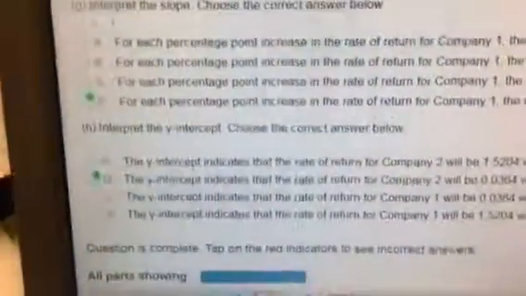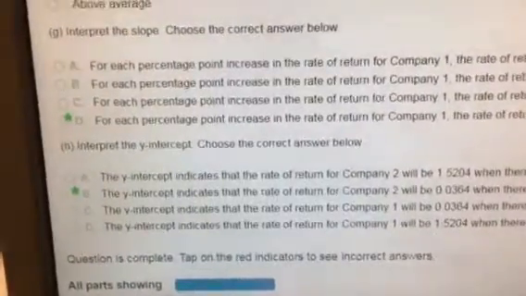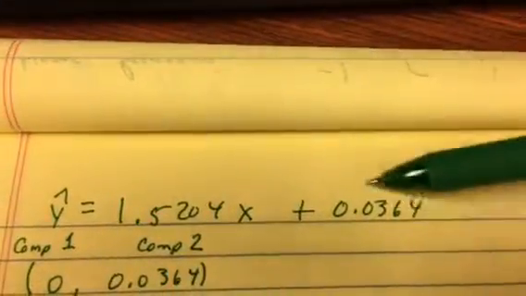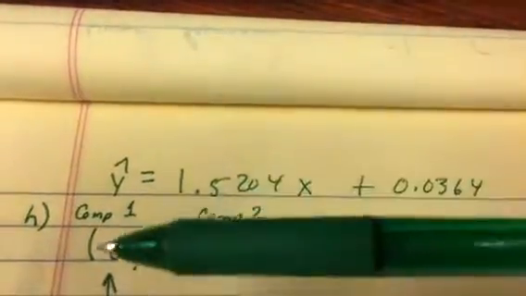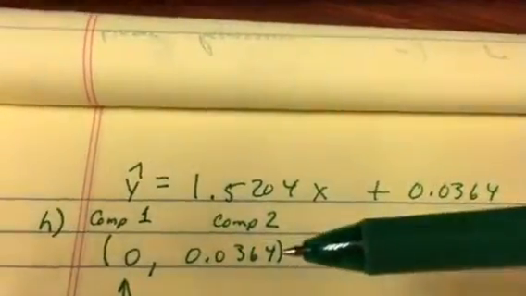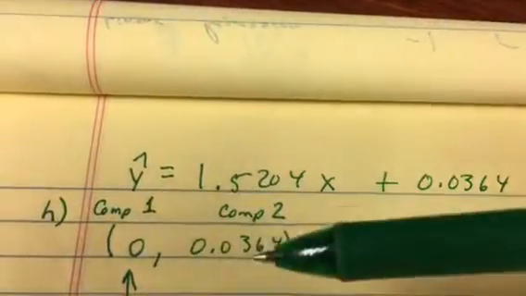Okay, interpret the y-intercept. Remember, the y-intercept is the number by itself in your equation. It's this value right here. When I write the y-intercept, I write 0, comma, the number. This is my x, this is my y. Remember, that's company 1, that's company 2.